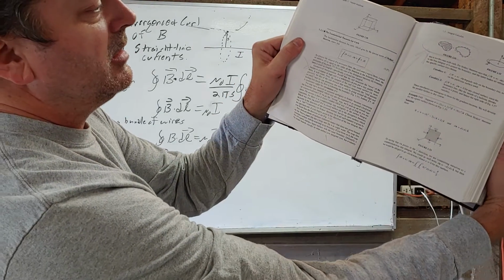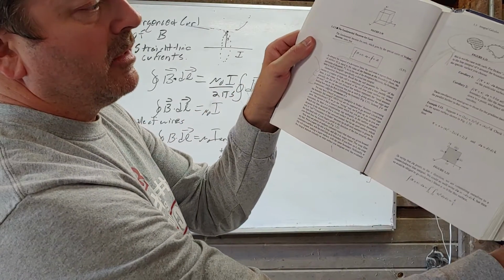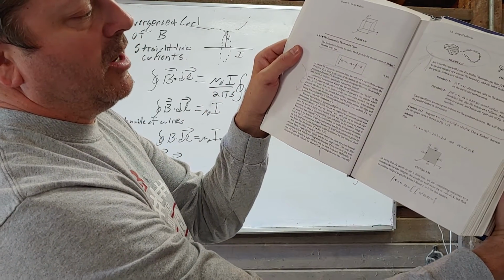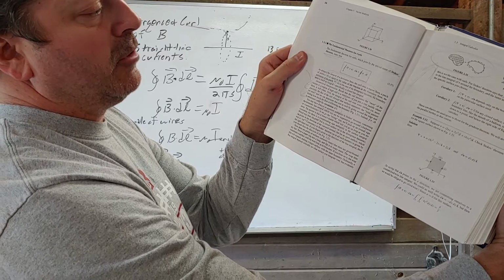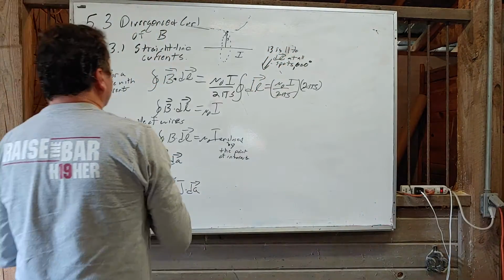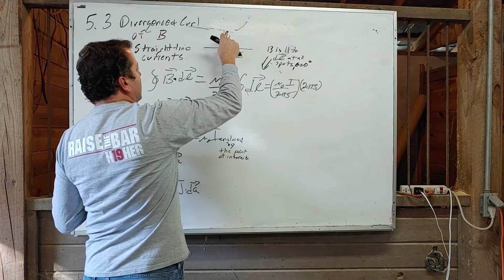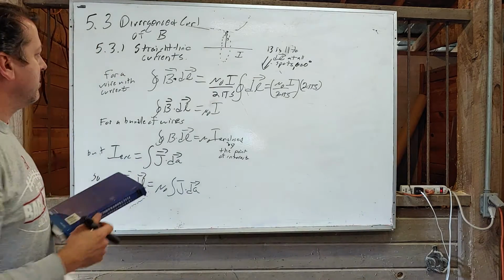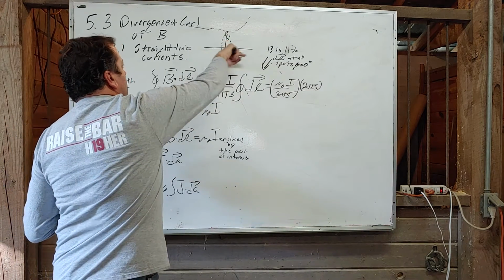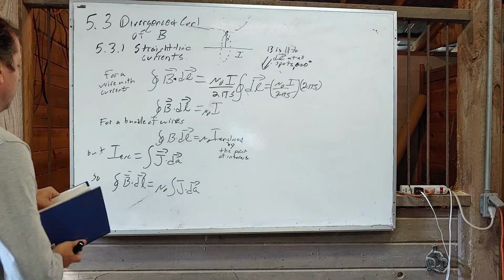It basically says, if you look right there, that integral V dot dL, I can make into a cross product over an area. So rather than looking at this, I'm going to cross it with everything in that area there, that area vector. Remember that area vector is perpendicular to that round circle there.